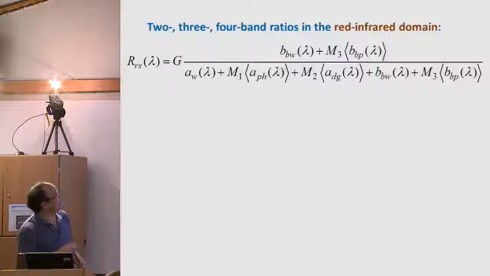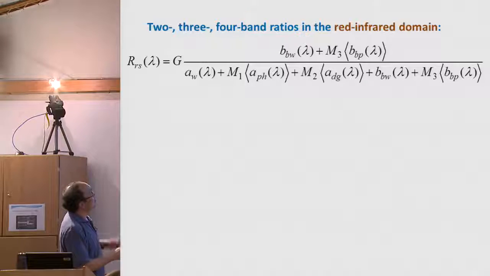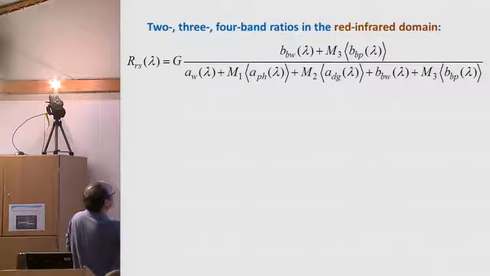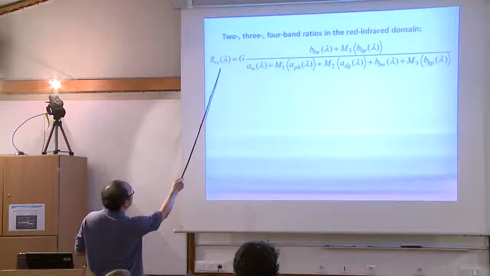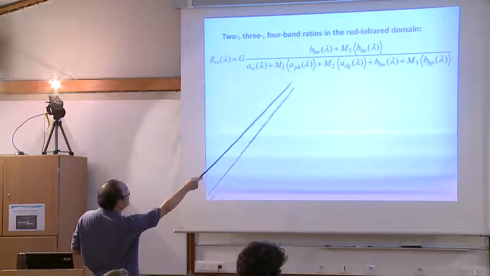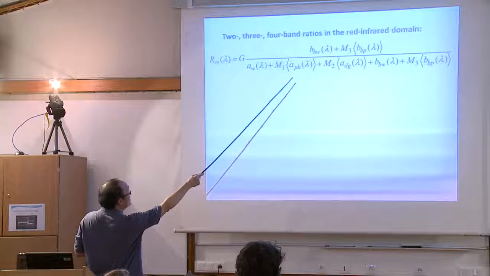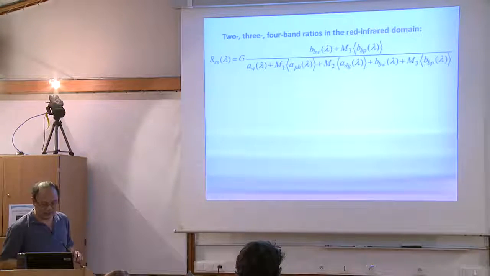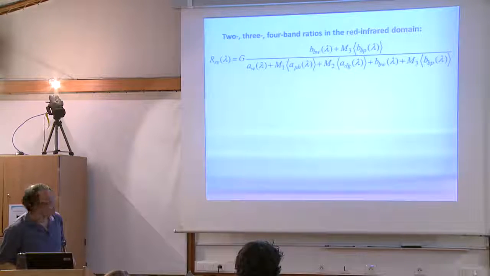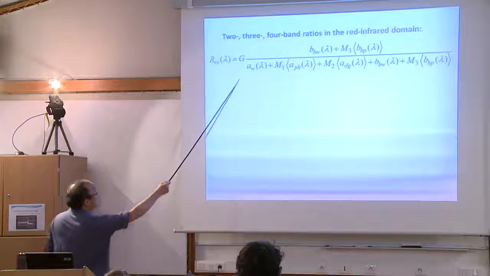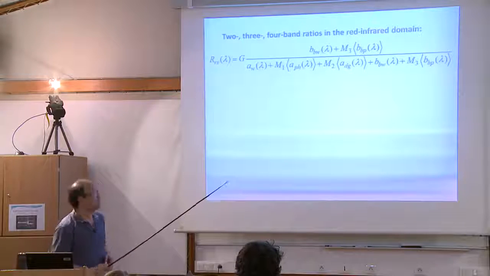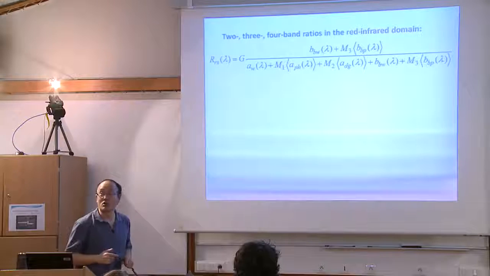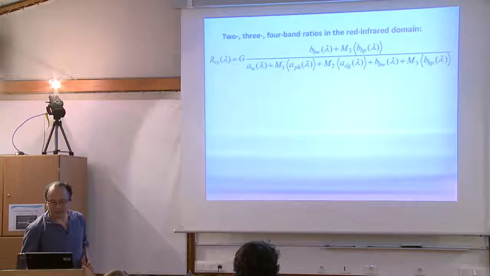But the key thing is, when they play with the red and infrared wavelengths, if we go back to the fundamental equation, remote sensing reflectance, the numerator is BB and the denominator is absorption and BB. Then in the infrared wavelengths, because A water is so large, this term and this term can be ignored or omitted.